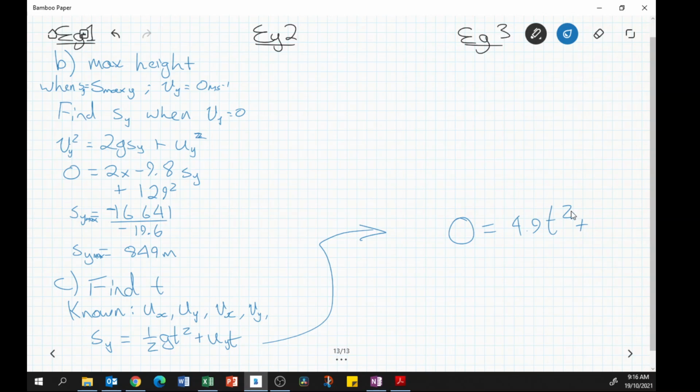Uy, I can't remember. We put vy as 0 there. Oh, sorry, you might be right. 129, yeah, that's right. Plus 129t. What does that look like to you guys? Quadratic. That's a quadratic equation with the two solutions for y equals 0, okay?